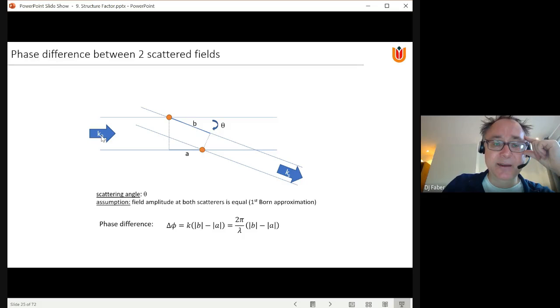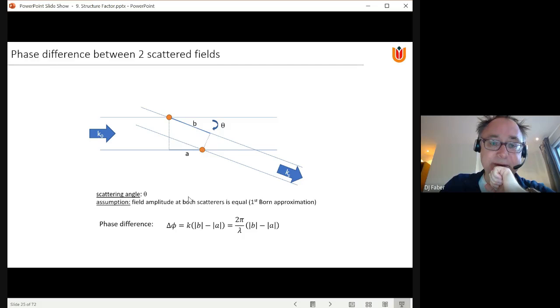The incoming field comes along wave vector k0, and then the scattered field goes towards the detector with the wave vector ks, and by that definition, the angle between k0 and ks is the polar scattering angle theta. So we're looking at scattered light in this direction.